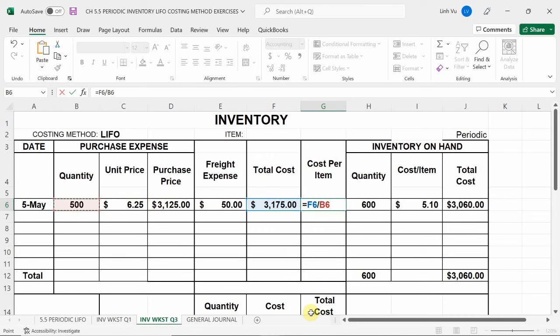So in this case, what is my cost per item for this particular batch of inventory? $6.35. Good.